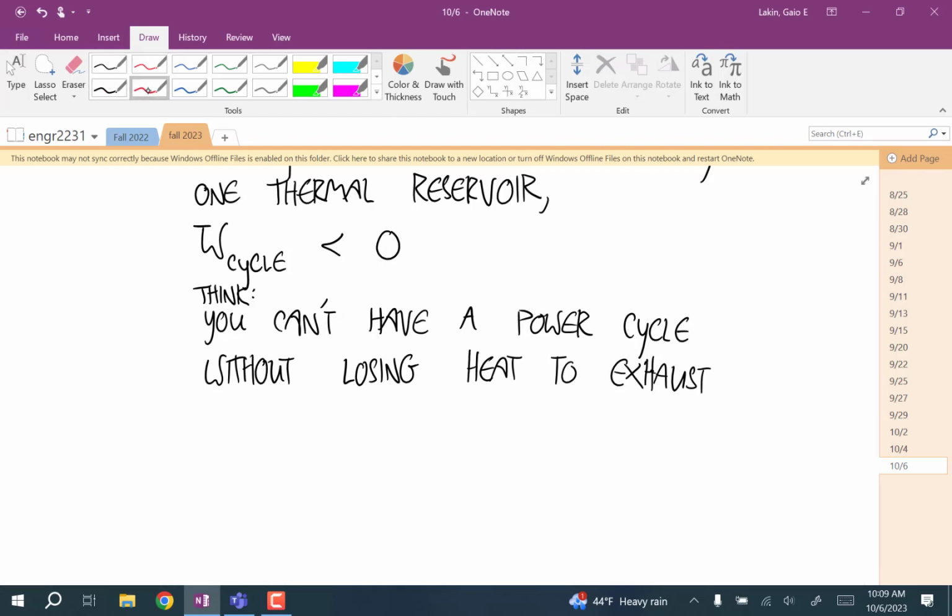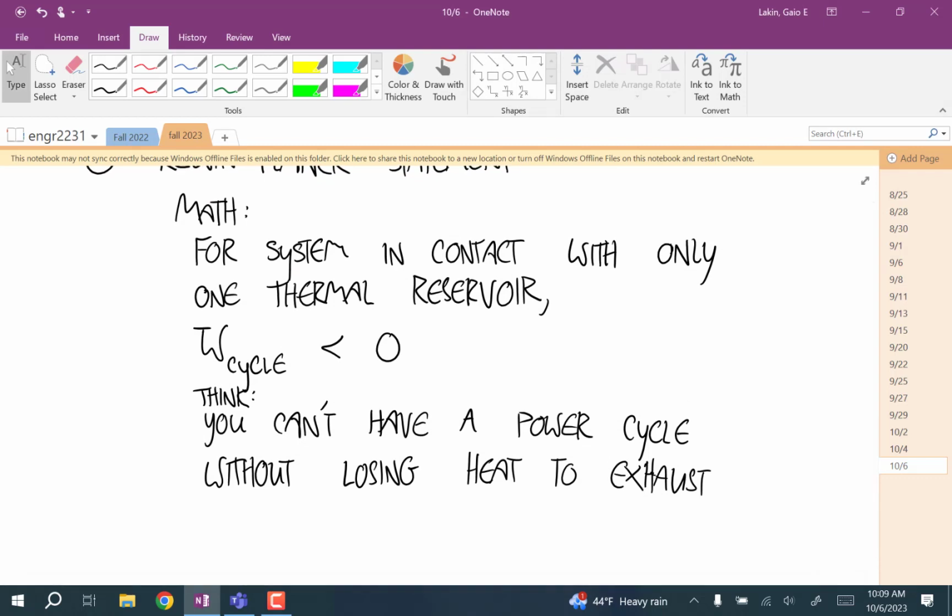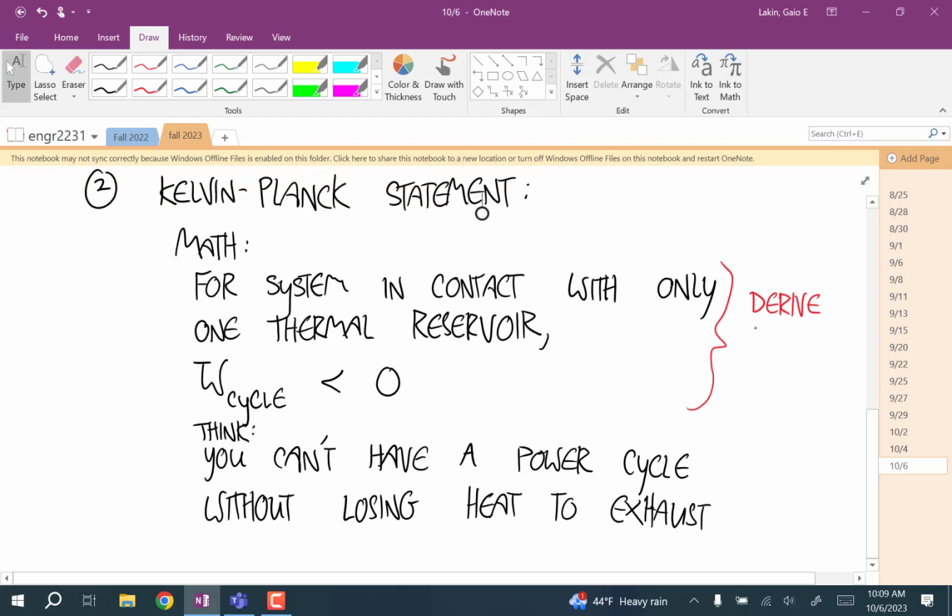And we are going to use this mathematical form to derive two important things. We'll use this to derive what's called the Clausius inequality, kind of a precursor to the entropy statement and the definition of entropy.